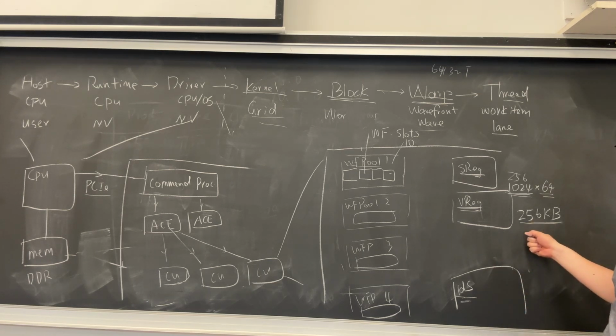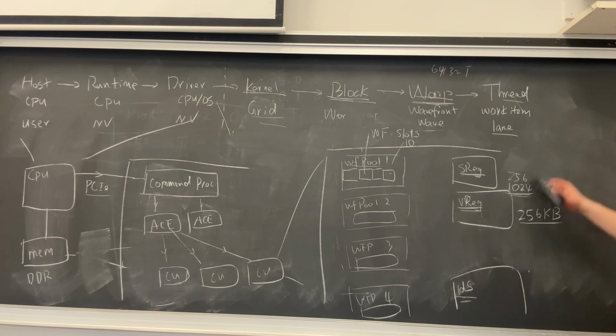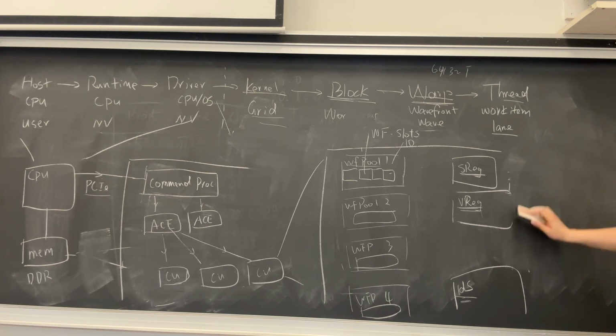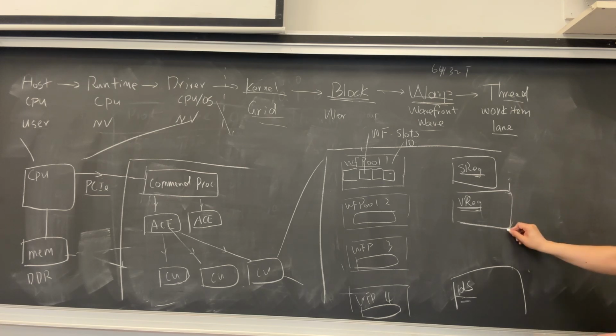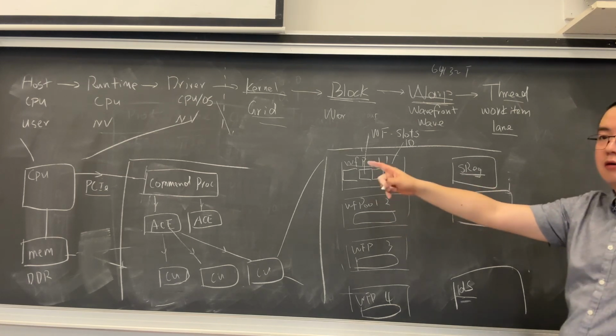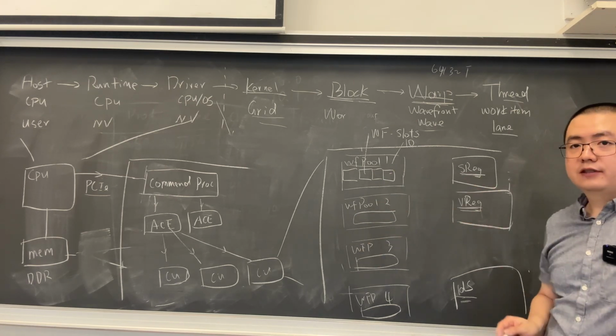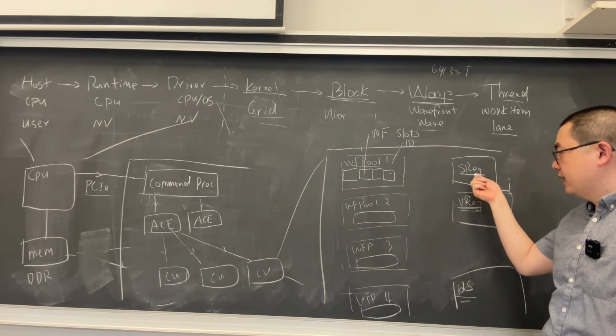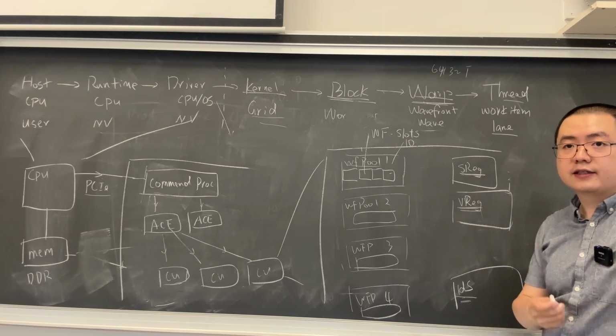This is a huge number, which is why I say 32 is a really small number for an architecture. This is massive. But anyway, the most important thing is when we launch a warp or a block, we need to allocate space in the vector register, scalar register, and LDS.